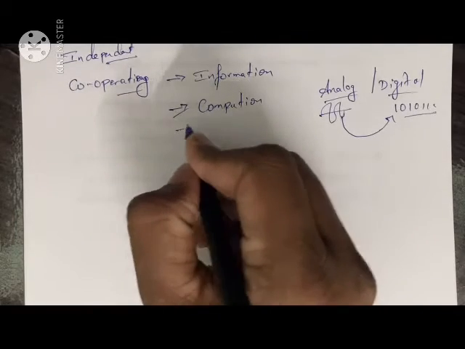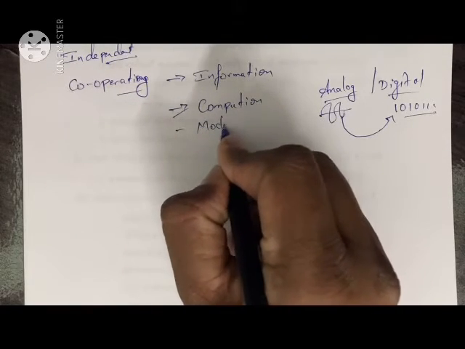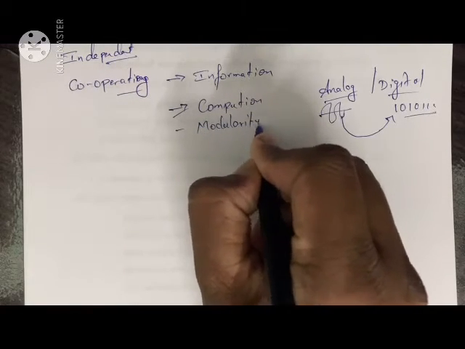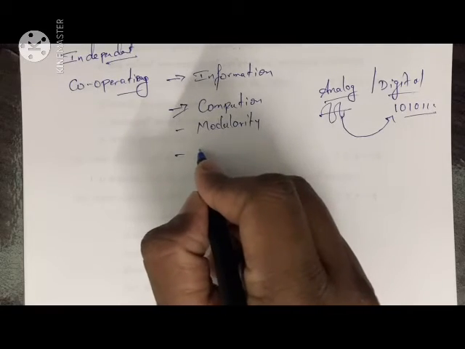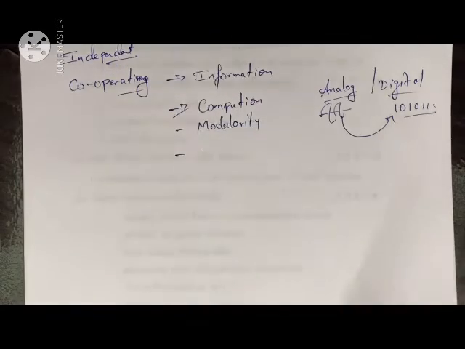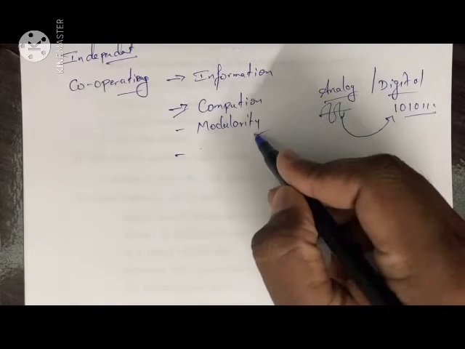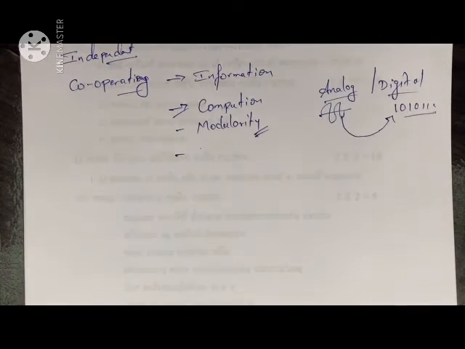Similarly, we'll have modularity, as well as other different types of cooperative processes. Modularity is when you divide any process into sub processes, and then the main process will be accessing information from the sub processes, which we have discussed in many other examples also.